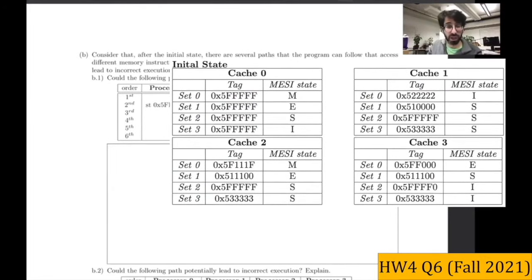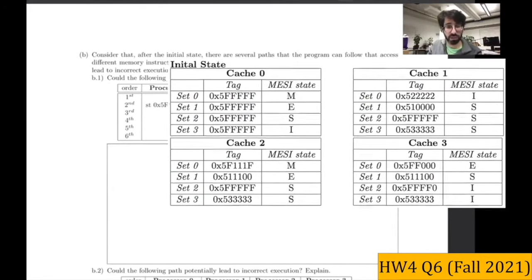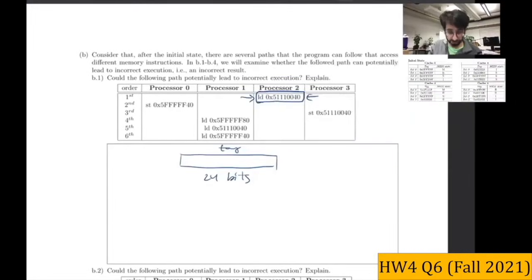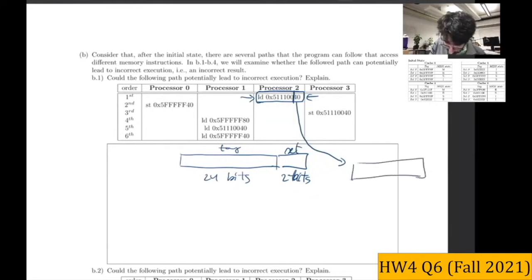And because we have 4 sets, we need 2 bits to represent the set, right? So we have 24 bits for the tag, and 2 bits for the set. So this means that this address here is a 4. And also we assume at the beginning that the offset is always 0, right?